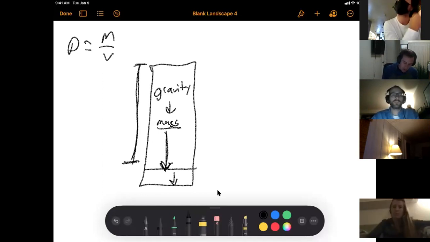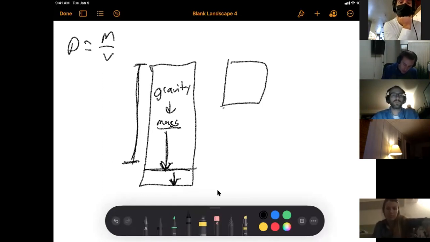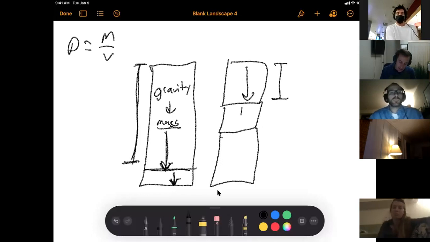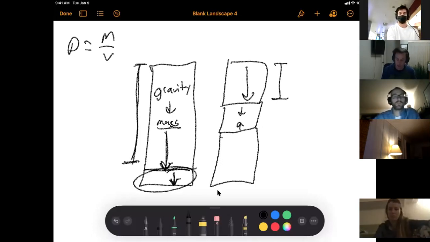At the bottom of the atmosphere, we're going to have a lot more compression than for a piece in the middle of the atmosphere. Here we have a lot less mass pushing down, less gravity pulling it down. So this piece will be compressed a lot less than this piece over here.